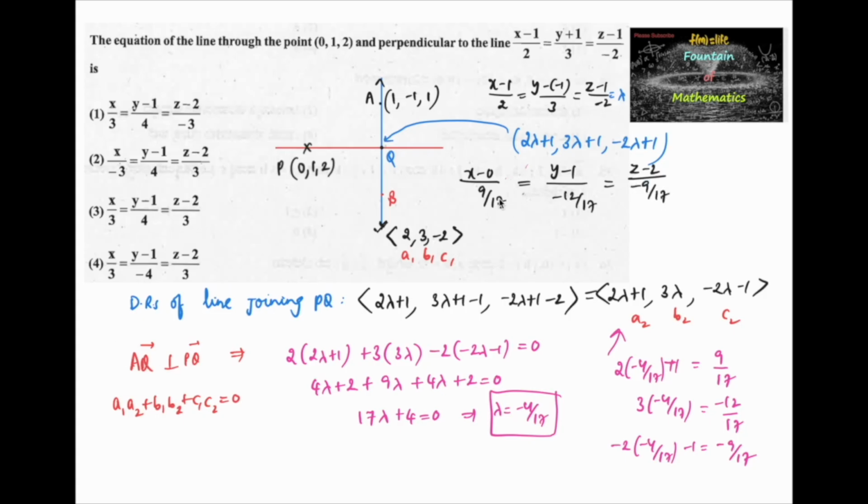So here in the denominator 17 gets cancelled, and also with the 3 table: 3 3 times, 3 4 times, and again 3 3 times. So we can write x/3 = (y − 1)/(−4) = (z − 2)/(−3), or this can also be written as x/(−3) = (y − 1)/4 = (z − 2)/(−3) by taking minus common. So we can say option 2. So option 2 is the answer.